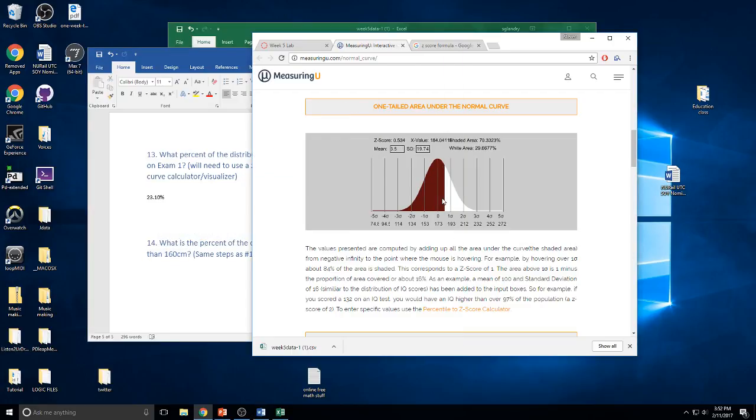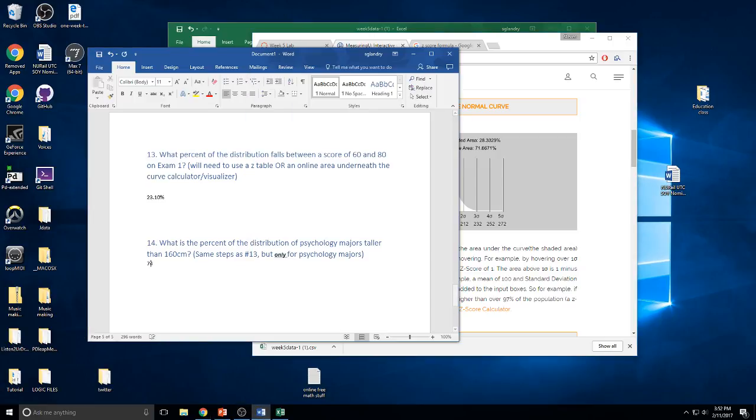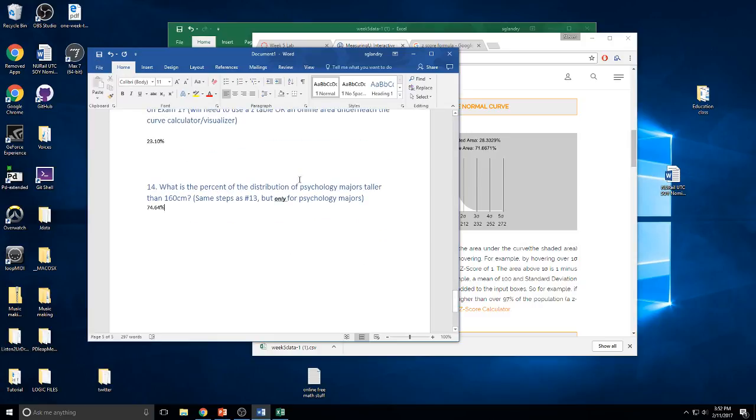So if I move my x value to be around 160, what do we got? Alright, what is the white area? Because I'm talking about what's the percentage of the distribution that are taller than 160. So I'm going to look at that white area percentage, and that's 74.63%. And I'm done. Thank you.